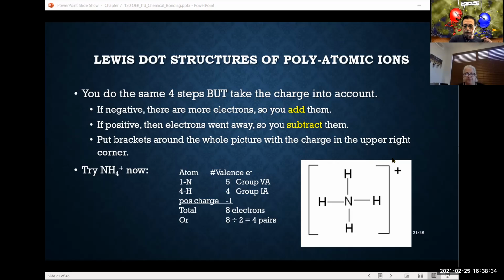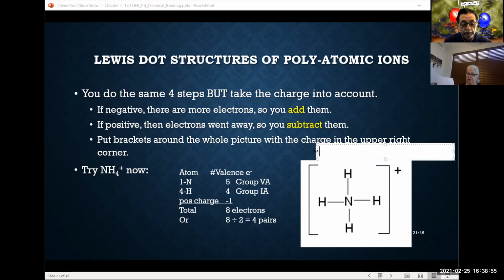Now I can also use my shapes table. So the question may be, well, what is the shape, the geometry of that polyatomic ion? And so here we use the same general formula that we did with the others, and we have A, B in subscript 4, AB4.